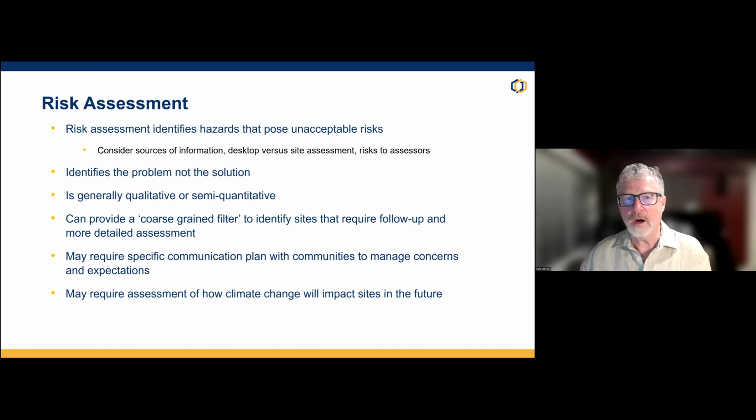You do that with a lot of sites, and then you can prioritize those high-risk sites from, say, lower-risk sites. And then you can follow up on those high-risk sites by doing a more detailed assessment and then developing a remediation plan. So often risk assessment can be a bit of an iterative process, doing an initial assessment of a wide range of sites, understanding the high-risk ones, then doing more detailed work on those high-risk sites before developing a plan to address them.